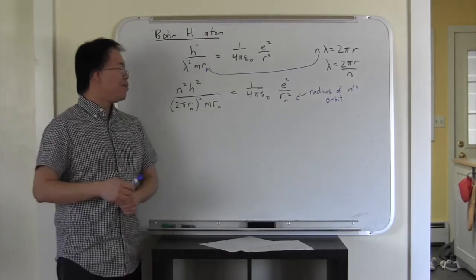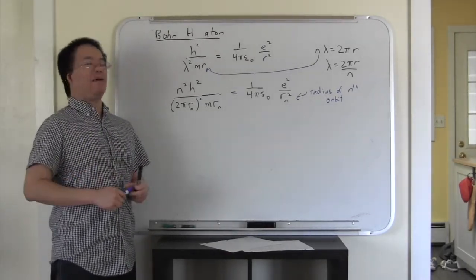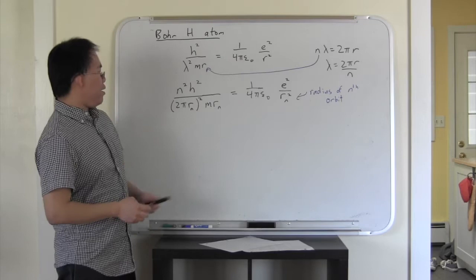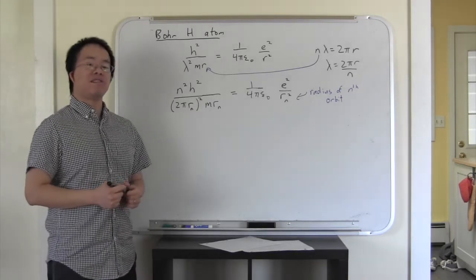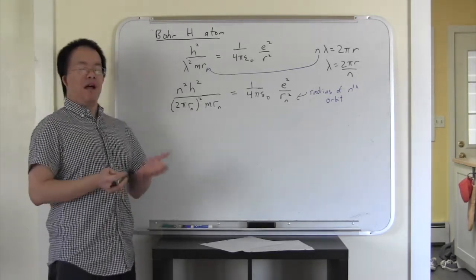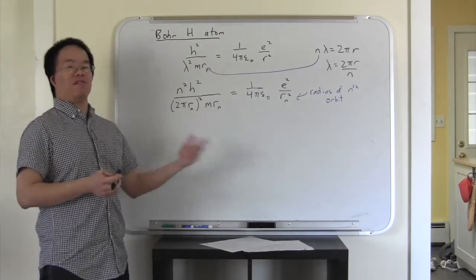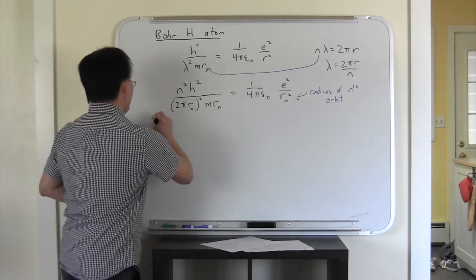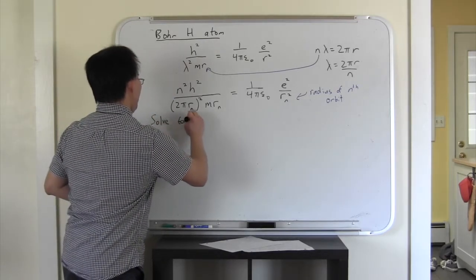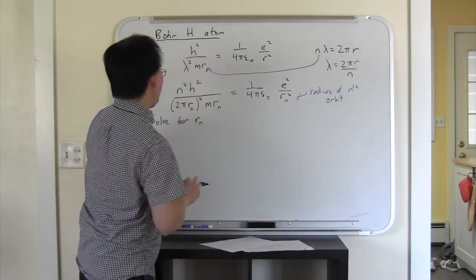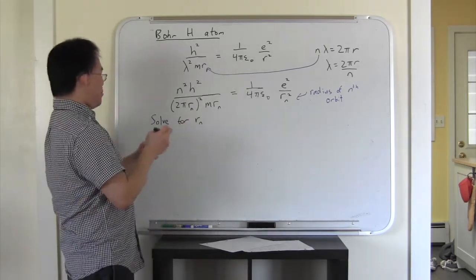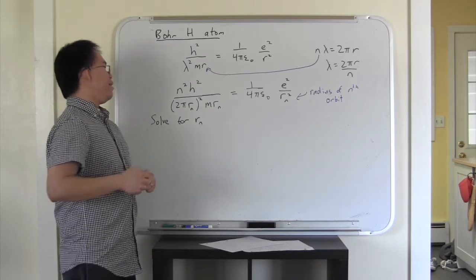At this point, we have stuff that depends on r and constants. So it's going to be algebra to solve for r sub n.